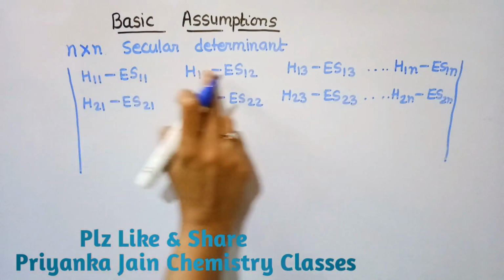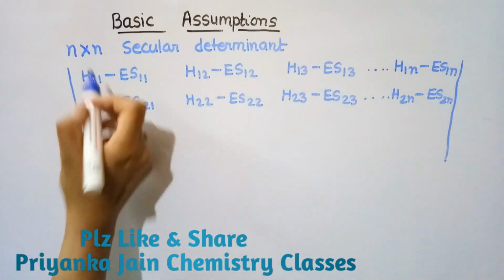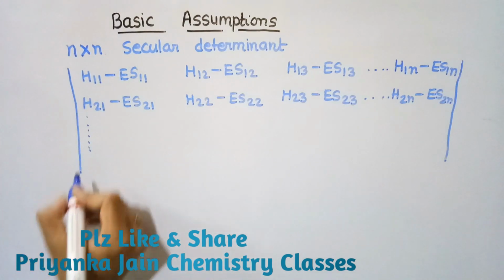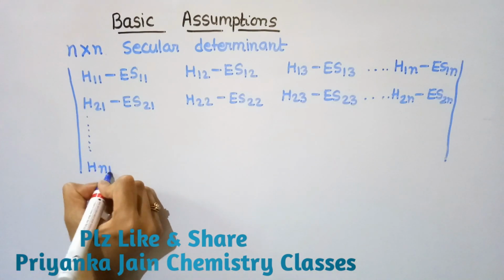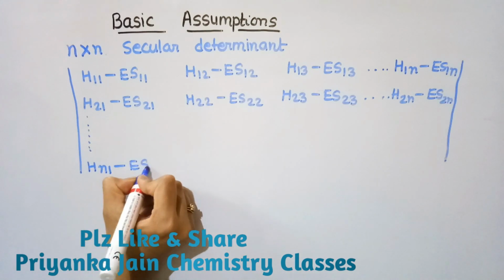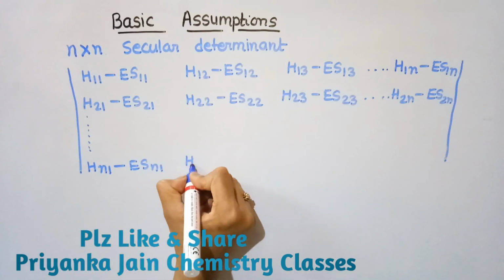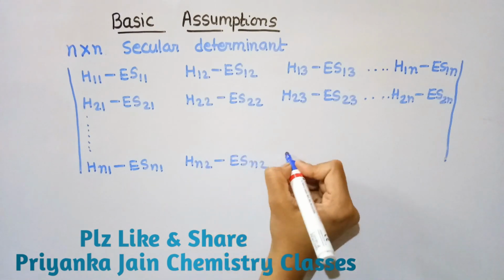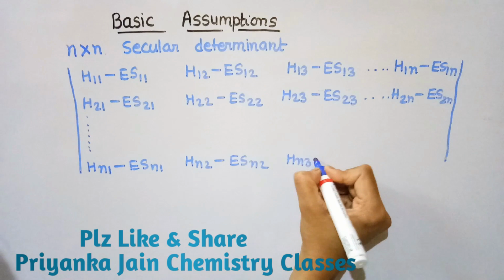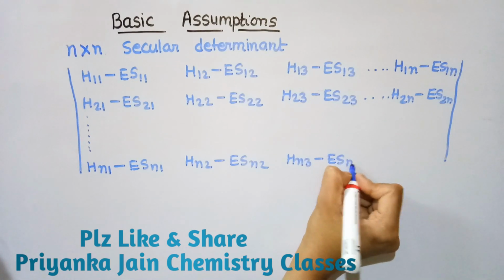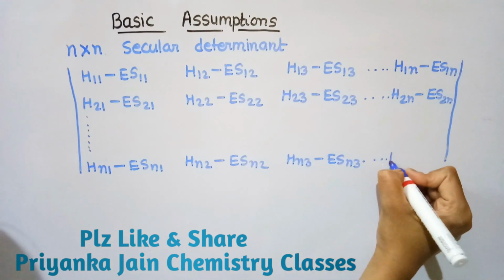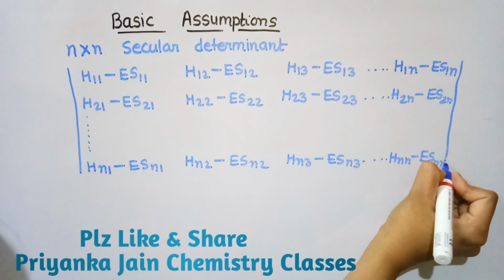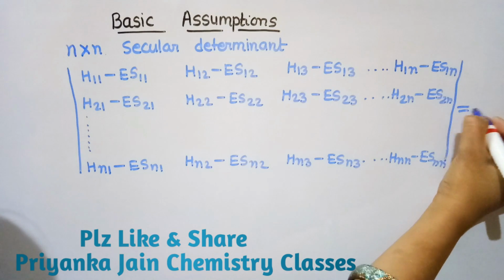Whatever the number here, there will be the same number, because this is an n into n secular determinant. So we write in the similar manner till Hn1 minus ESn1, Hn2 minus ESn2, Hn3 minus ESn3 till Hnn minus ESnn, and this value will be equal to 0.